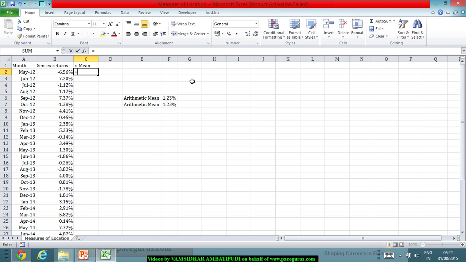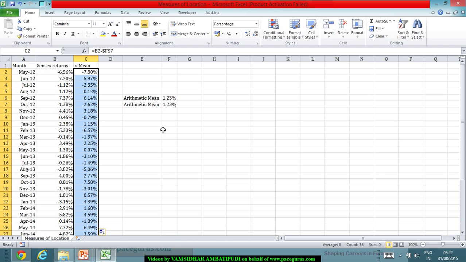So from each observation, this number minus the mean. I have subtracted from 7.2 the 1.23%, and I'm subtracting the mean from each and every observation across.